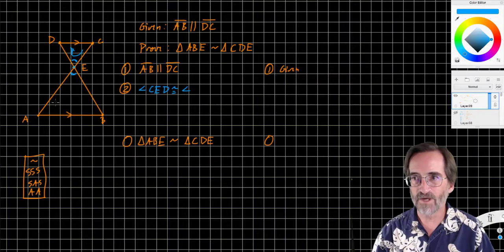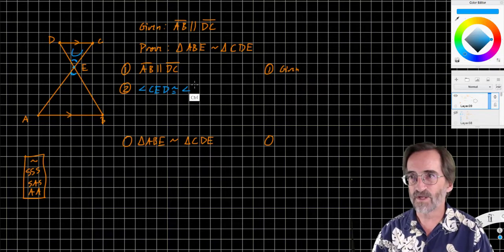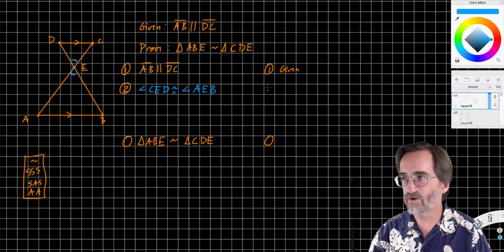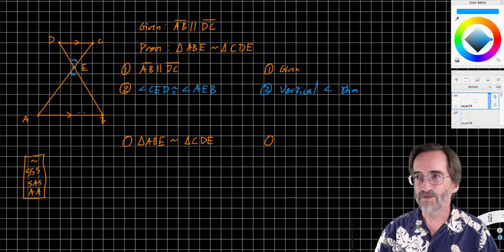Make sure they match up. How do we know they're congruent? Because vertical angles are congruent. That's known as the vertical angle theorem. Okay? So we've got a pair of angles congruent.